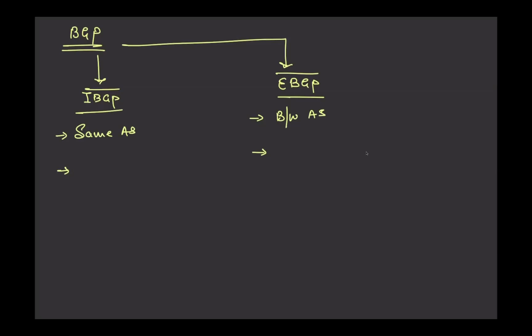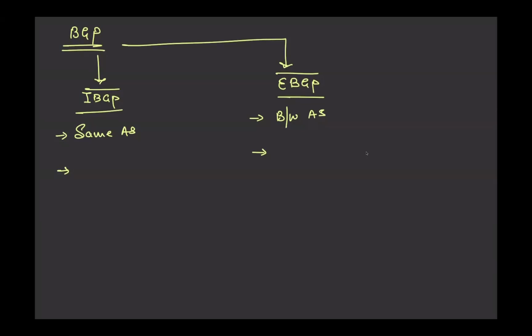Someone was asking what the difference is between IBGP and EBGP. IBGP can be used for different MPLS applications like L2 VPN and L3 VPN, L3 VPN in particular. What are the other differences? Administrative distance.